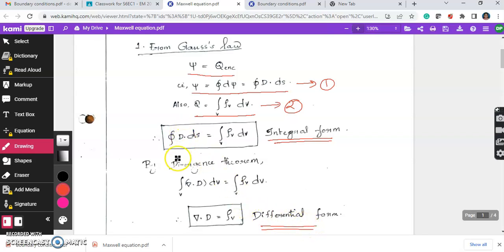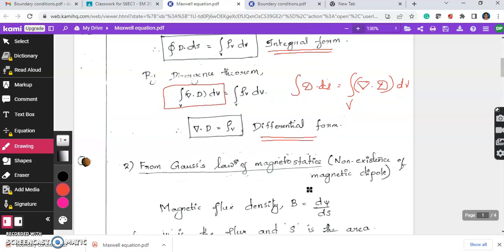Here, this particular step is from the divergence theorem. We know surface integral D dot ds is equal to volume integral del dot D dv. So that is the origin. Now I have Maxwell's equation in integral form as well as in differential form. That is from Gauss's law.